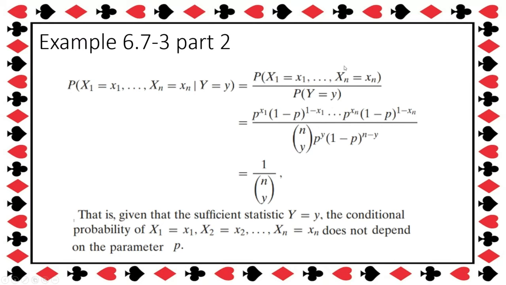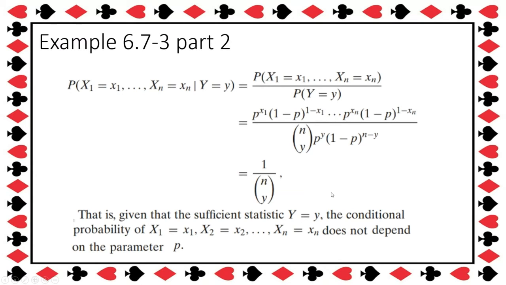The numerator is calculated with the joint probability distribution function, the multiplication of all that. The denominator has y being the number of successes, which is the total number of successes. You can do a binomial distribution. We end up getting this number, and that's 1 over NCY.